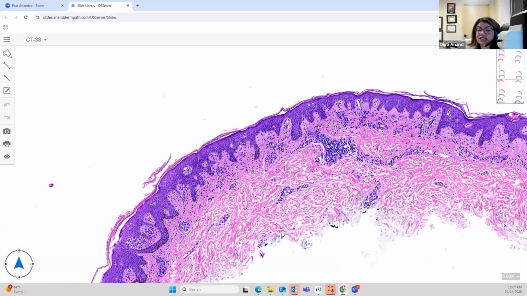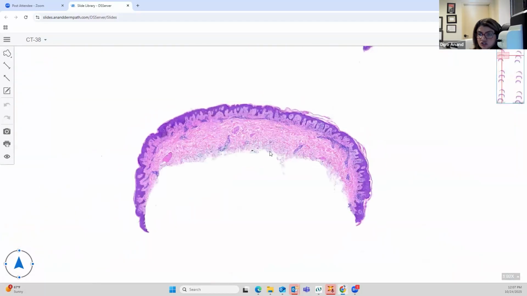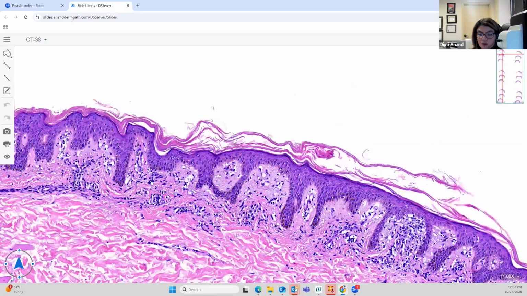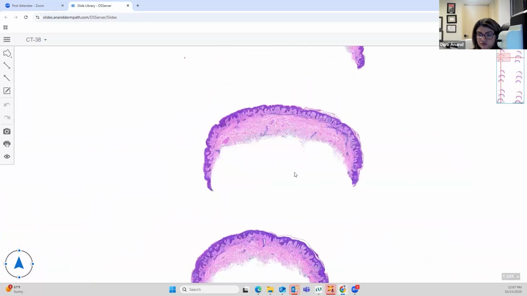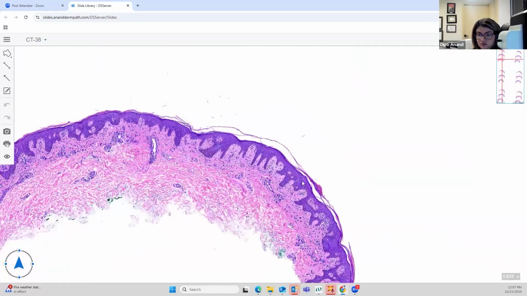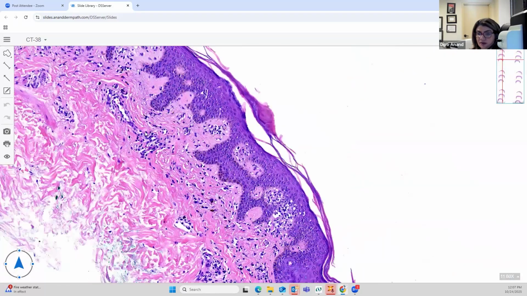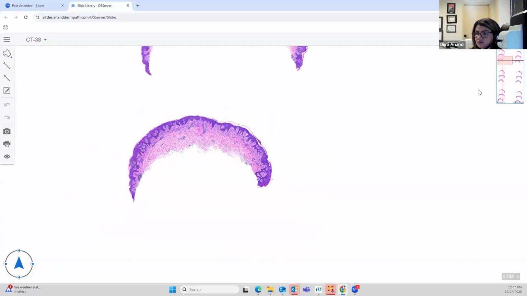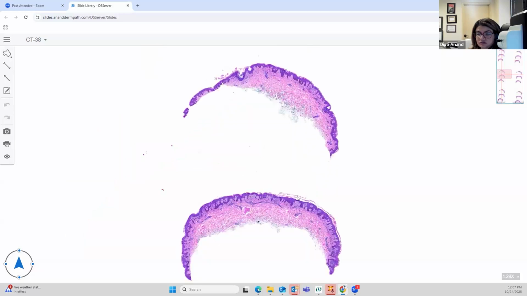Okay, what is the most likely clinical scenario? But let's first come up to the histology of this. What's the histologic diagnosis? Take an attempt. Anybody?